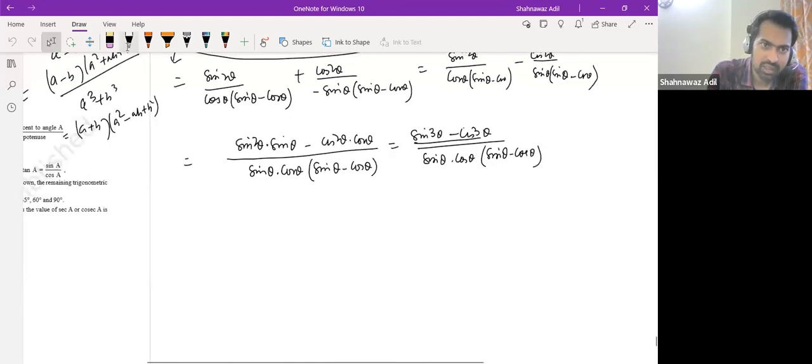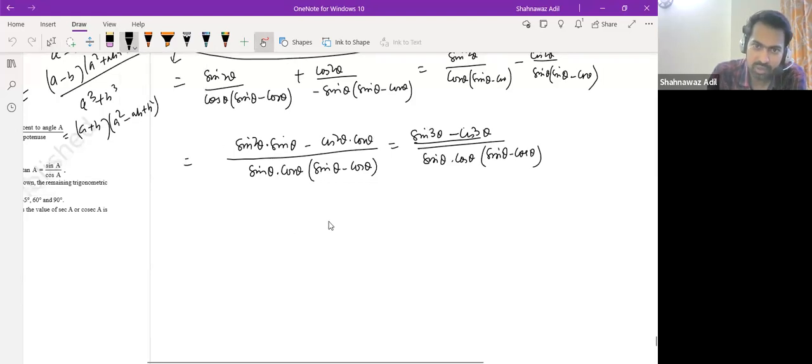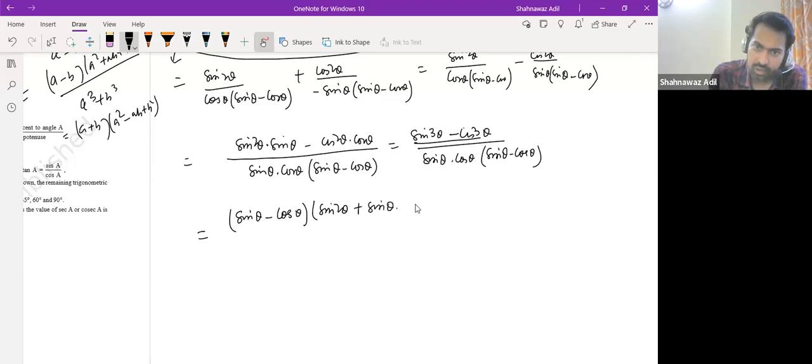As Rizwan said, use the identity of a cube minus b cube. Let's put that value: that is a minus b, then a square plus ab, and then b square.